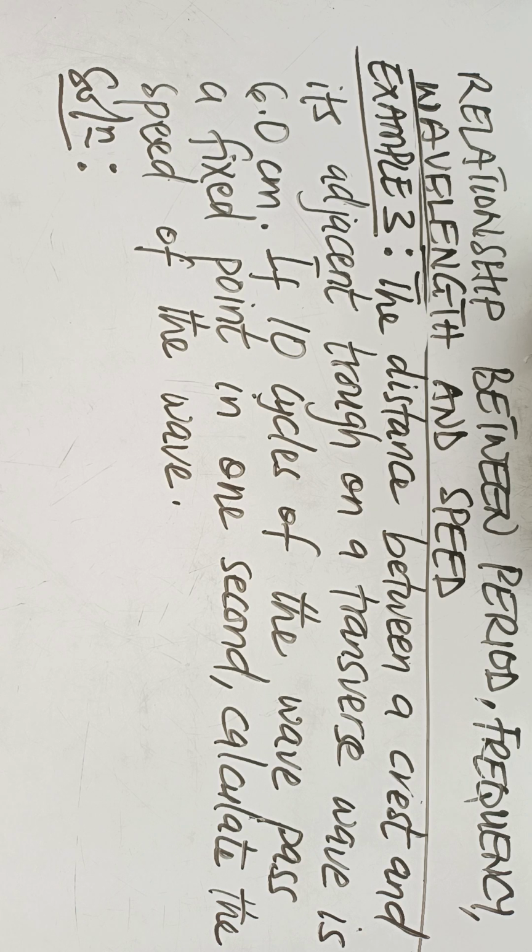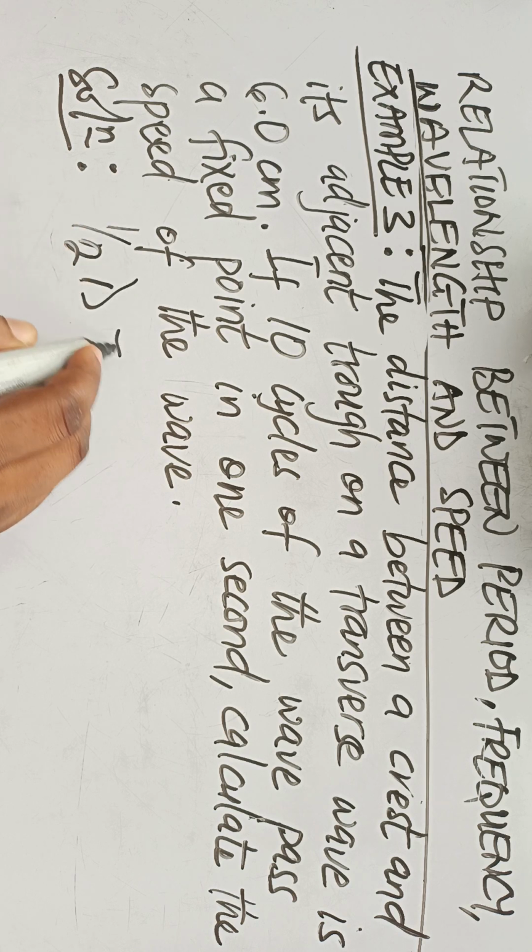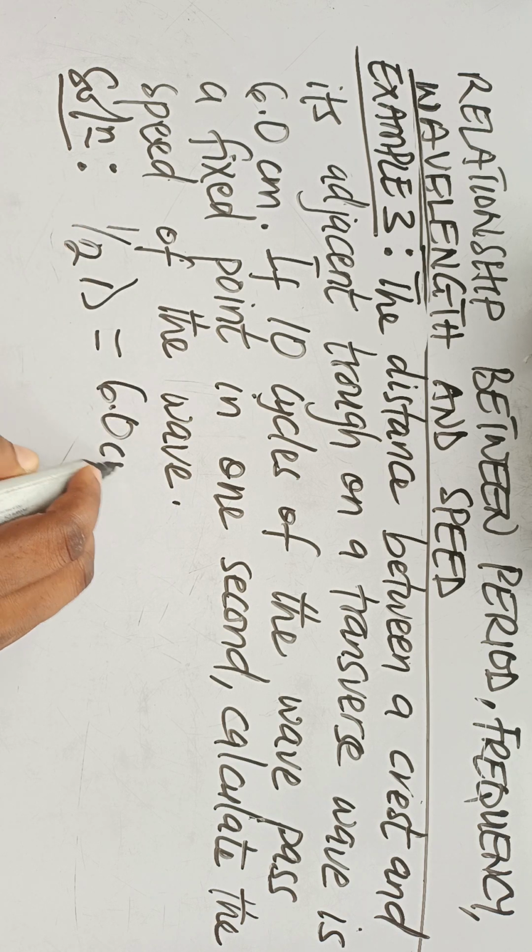According to the question, the distance between the crest and its adjacent trough on a transverse wave is 6 centimeters. We understand that the distance between a crest and another crest is the wavelength, so the distance between a crest and a trough is half the wavelength. The question is telling us that half of the wavelength is equal to 6.0 centimeters.